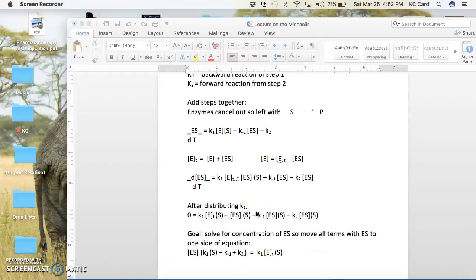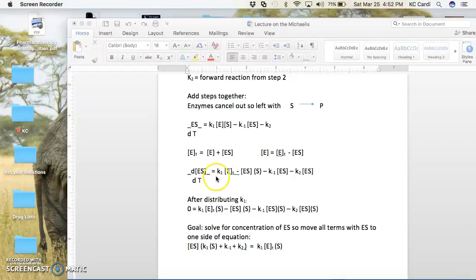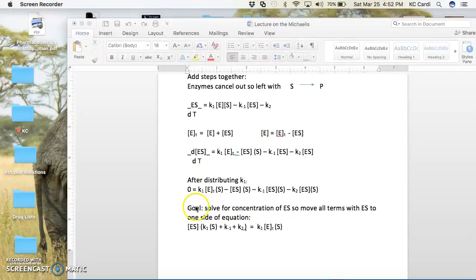Now we have K1 times ET minus ES times S, minus K-1 times ES, minus K2 times ES. After you distribute the K and the S, you're left with this equation down here.